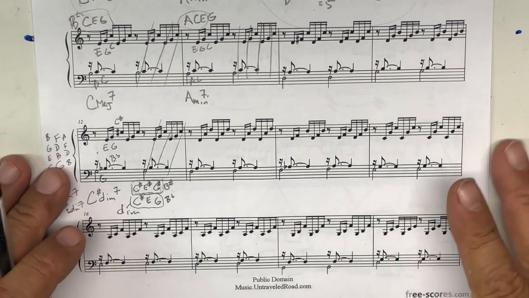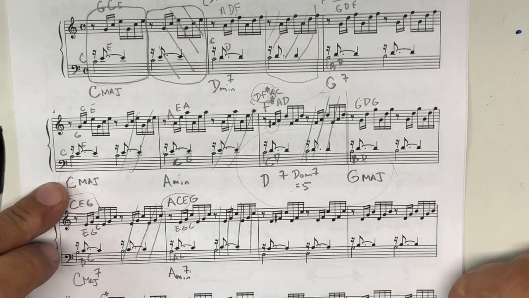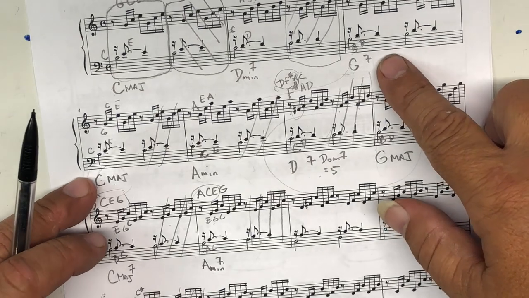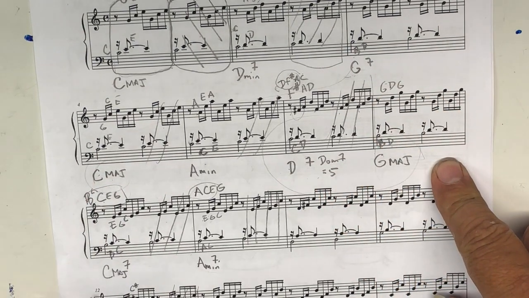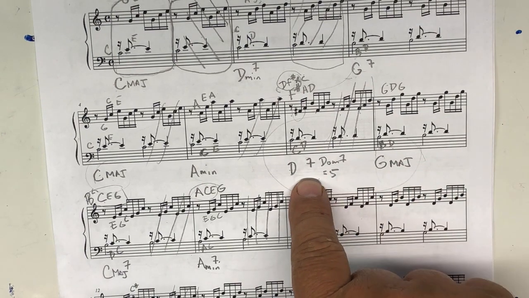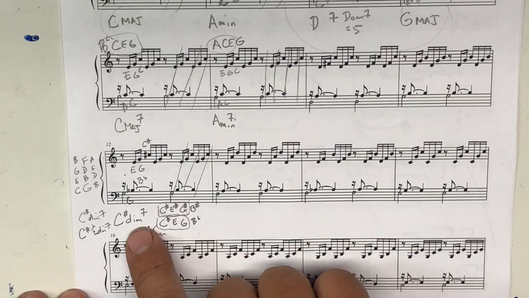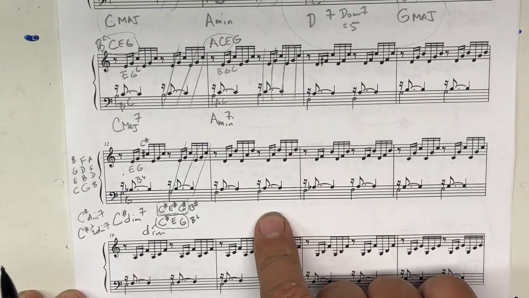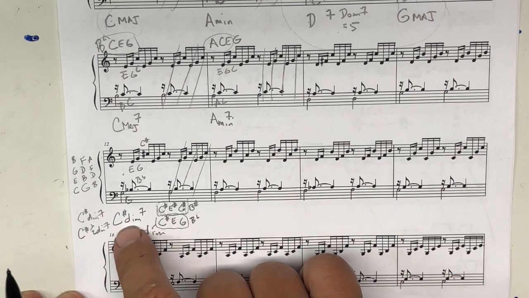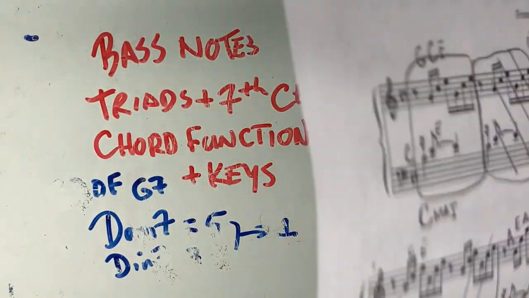For instance here, I knew that there was a C chord coming up right here because I saw my 5 chord right there. I knew that there was a G chord coming up because I saw my 5 chord coming up here. I know that after this, there's a D chord coming up here because C sharp is, oh, it's erased.